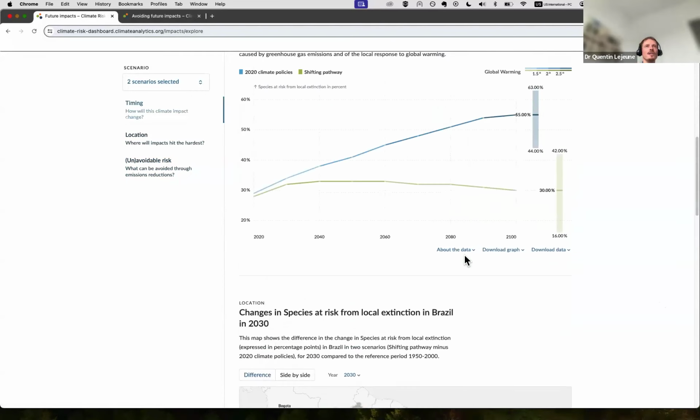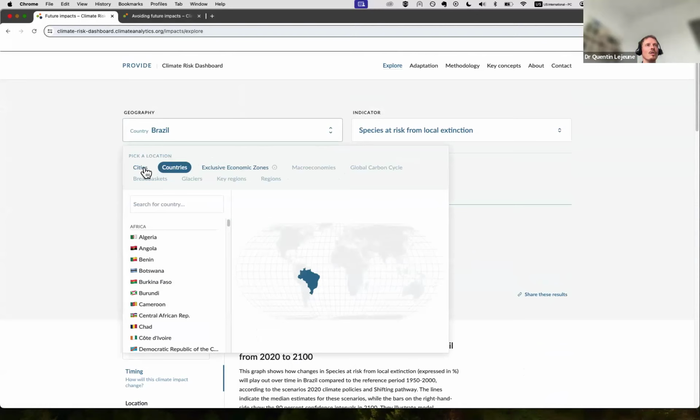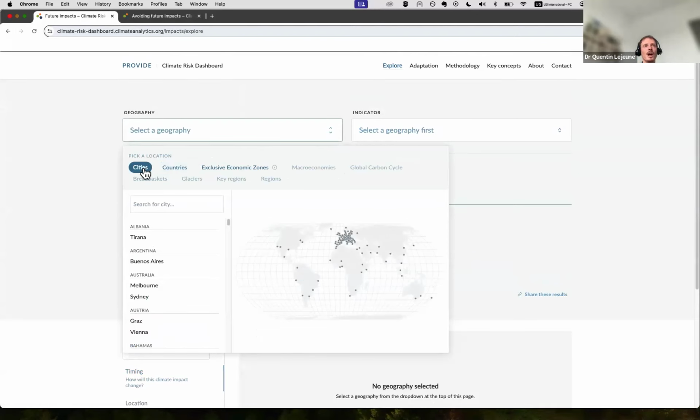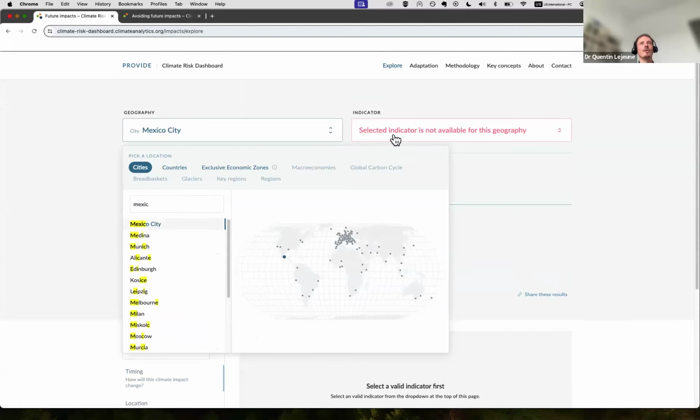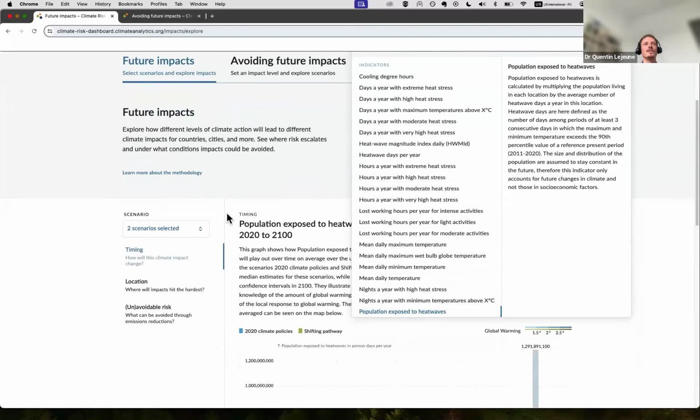We've also added information on impacts of urban heat on people living in cities. We already had indicators on that in the previous version, but now we also added information on impacts on people, such as population exposed to heat waves, which you can access here.